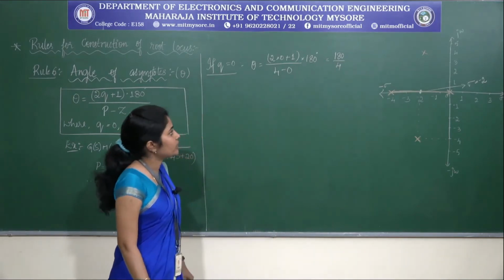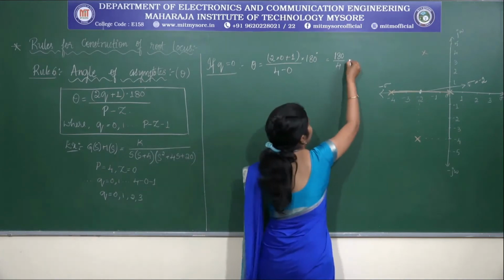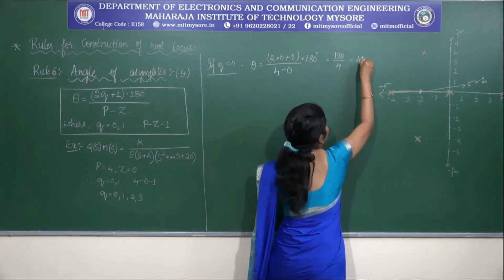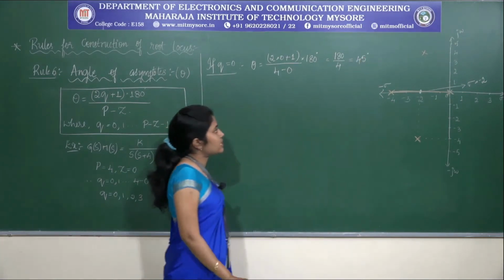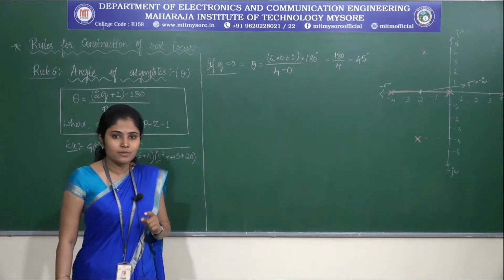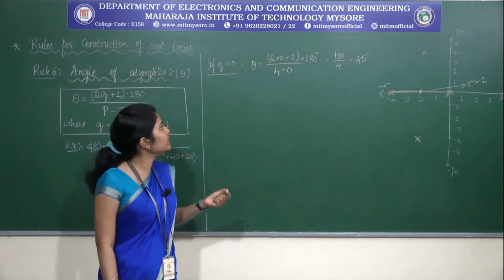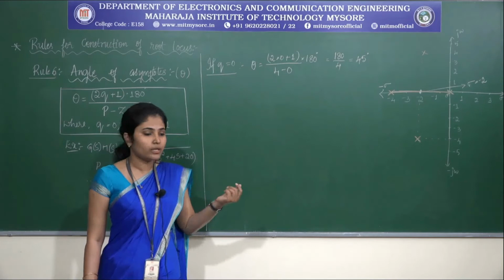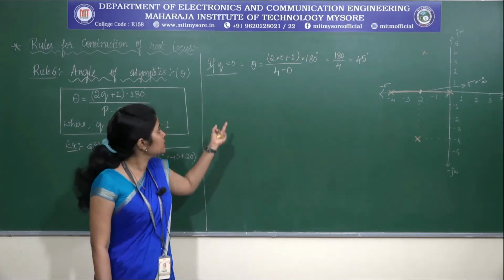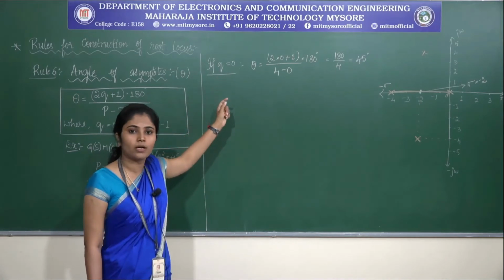So 180 by 4 is equal to 45 degrees. The first angle we get is 45 degrees, which means that the first asymptote is moving at an angle of 45 degrees. Similarly, I need to find the 3 more angles, theta 1, theta 2 and theta 3, by substituting the values of q as 1, 2 and 3.